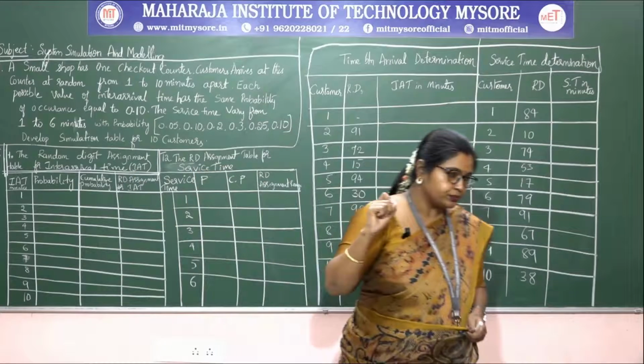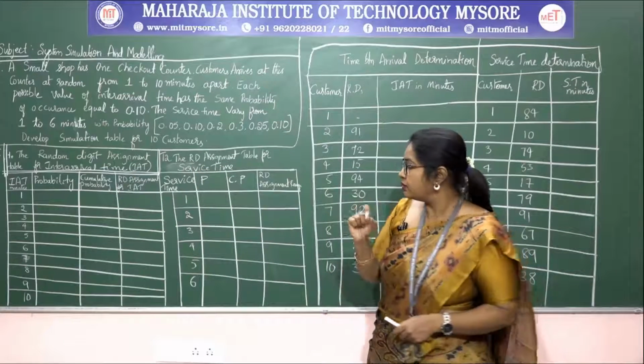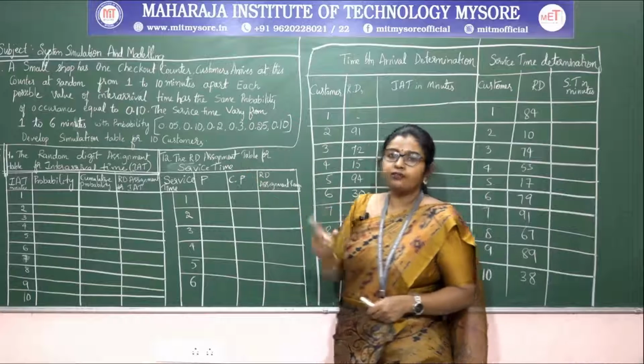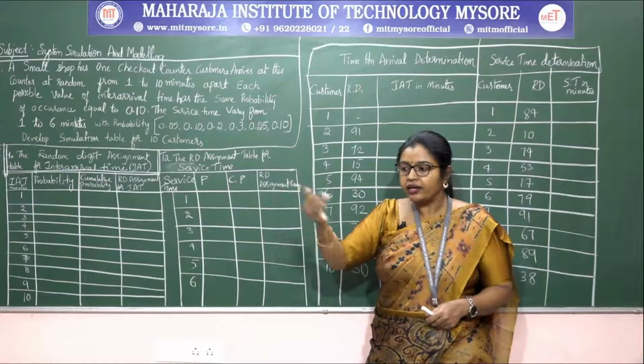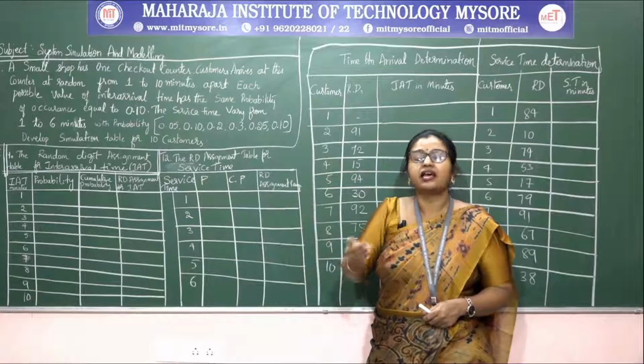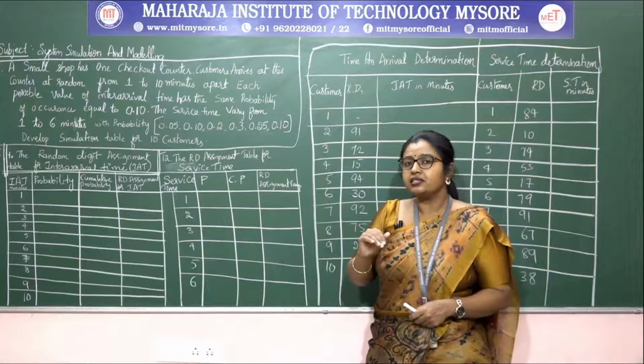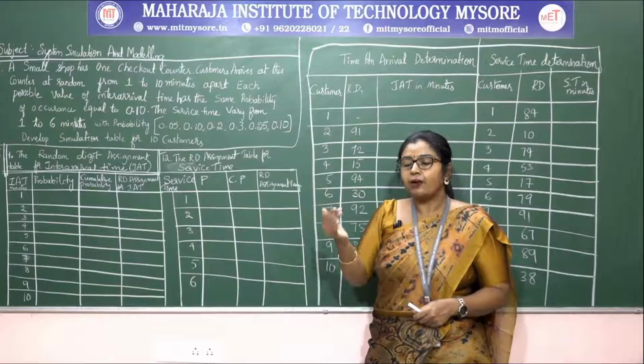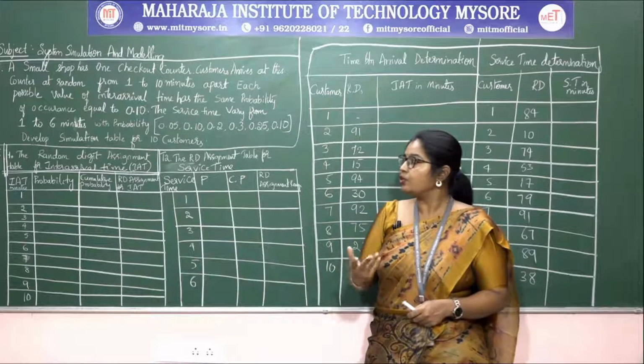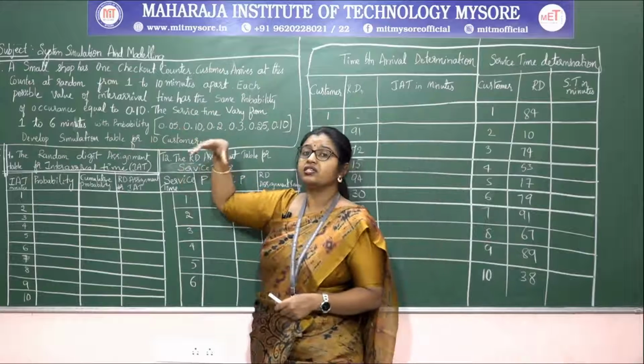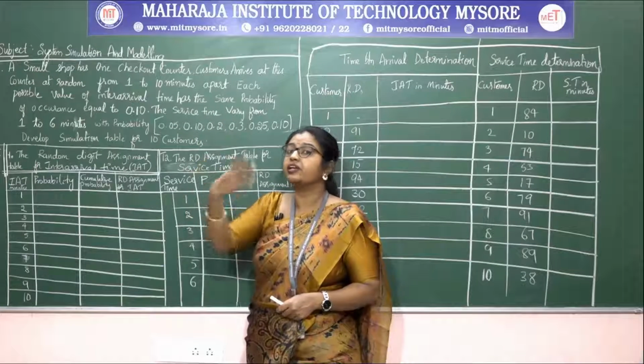Once you find out at what time the customer is arriving into the system, the next task is the service. We don't know what service time will be given to that particular customer.